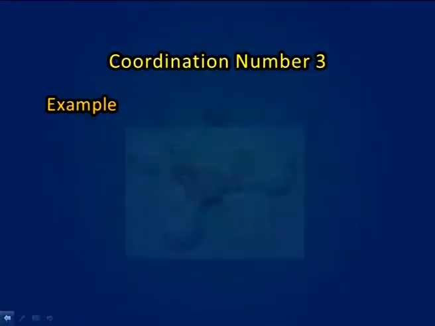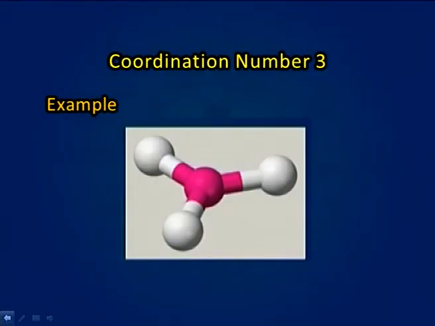Now we are proceeding to coordination number 3. Coordination number 3 in metal complexes is also very unusual or rare. The structure for coordination number 3 is triangular planar with sp2 hybridization.